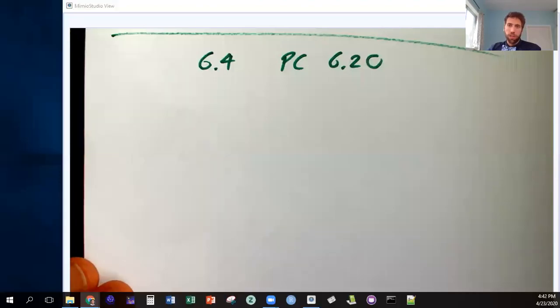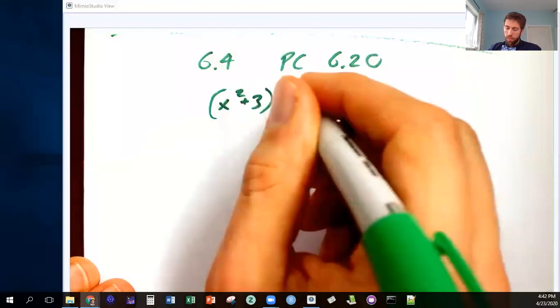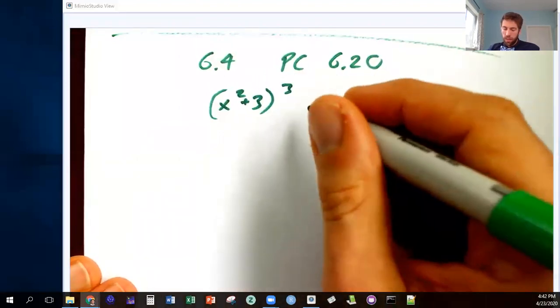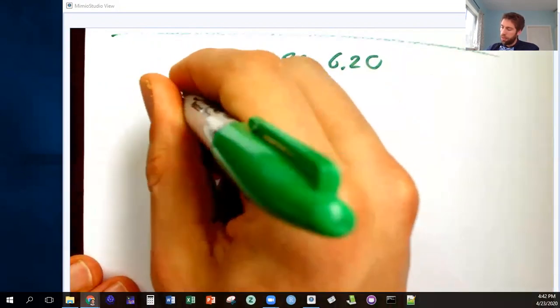Now we're doing progress check 620. We're given a bunch of functions and asked to decompose them. Say you have (x squared plus 3) cubed. You can think of that as capital F of x.